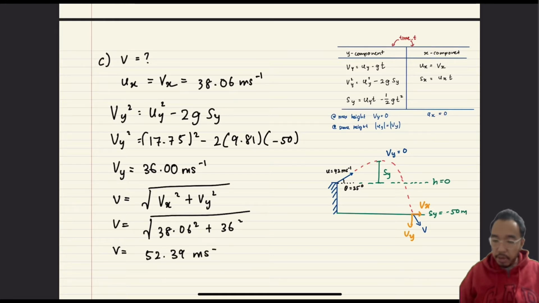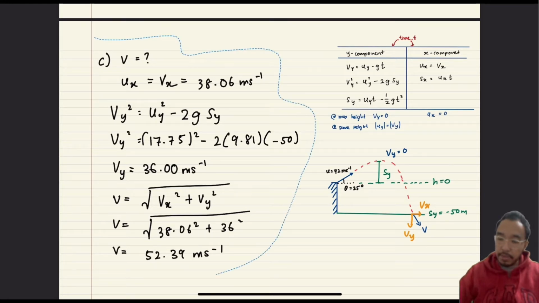Don't forget to put down the unit as well. Now you still haven't finished because you still have to determine the direction. Even though the question didn't ask, always calculate the direction for a vector.